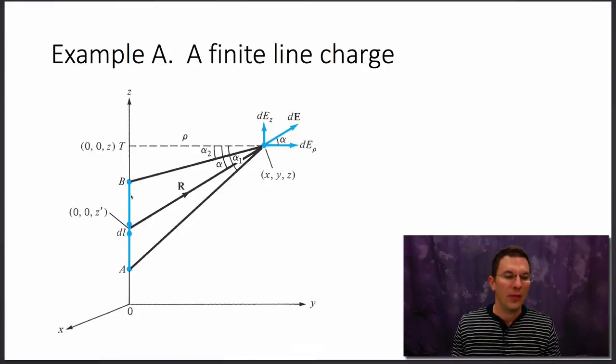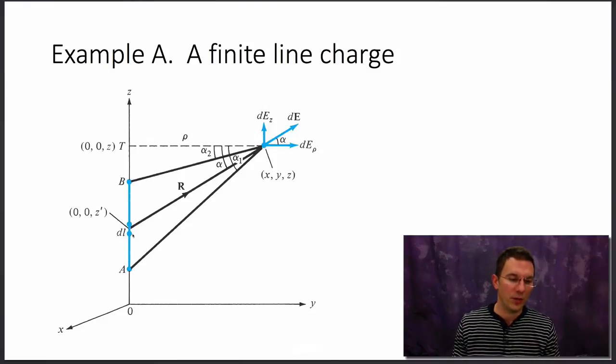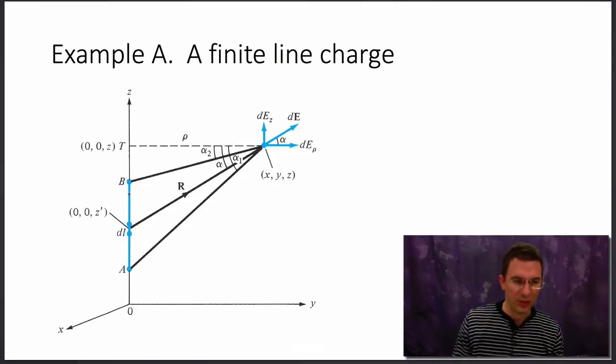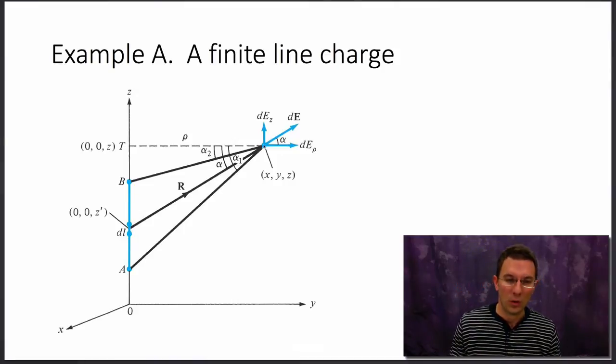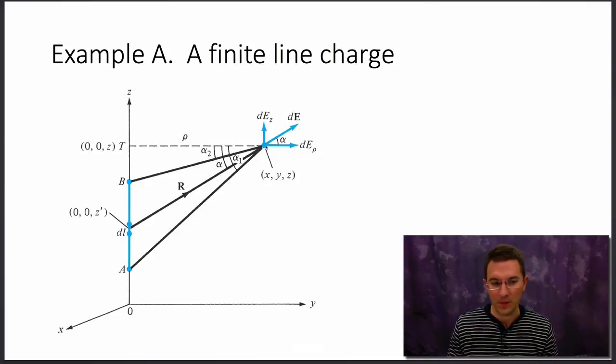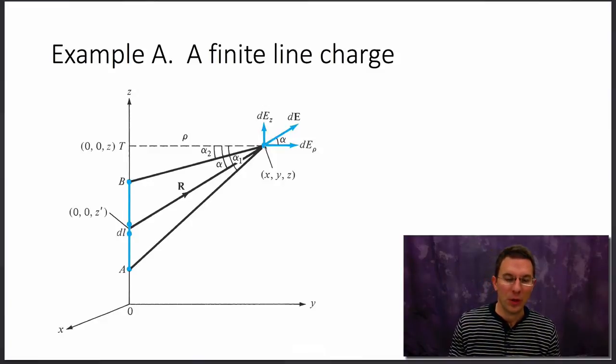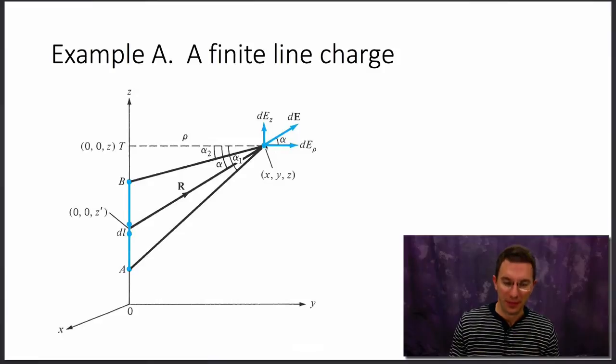They tell you in your text that the charge density is constant. It's not a function of position, but you have some linear charge distribution right here that's distributed from A to B along the z-axis. And the question is, what is the total electric field due to this entire charge distribution out here at this point R?